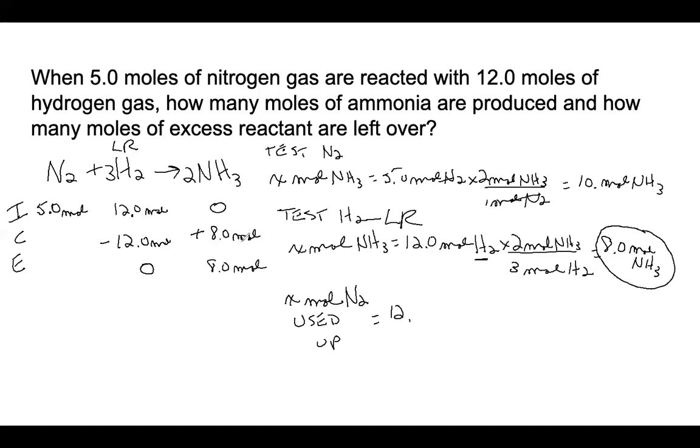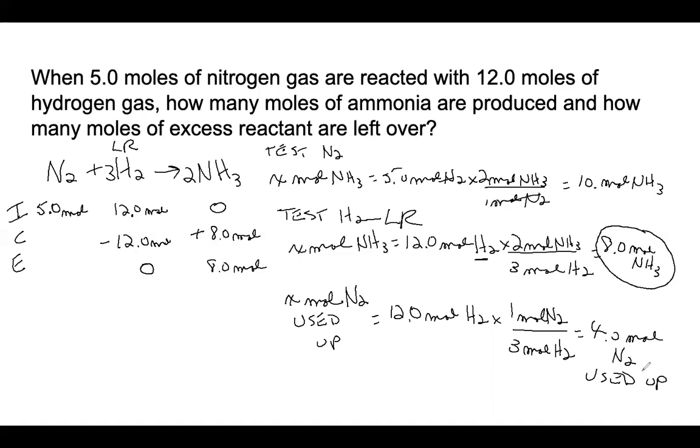We could set it equal to the ammonia. Either one will get the same answer. That doesn't matter. X moles of H2 times our mole ratio. So we have 1 mole of N2 for every 3 moles of H2. So that gives us 4.0 moles of N2 used up.